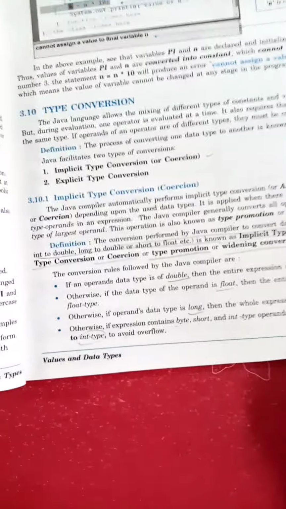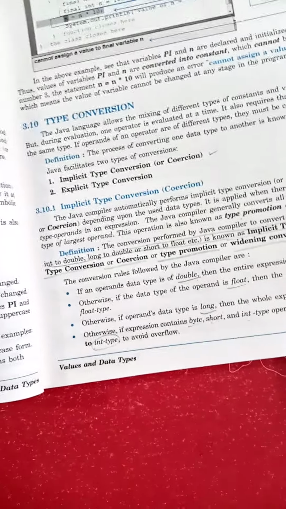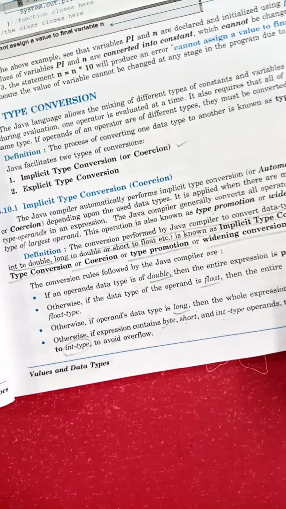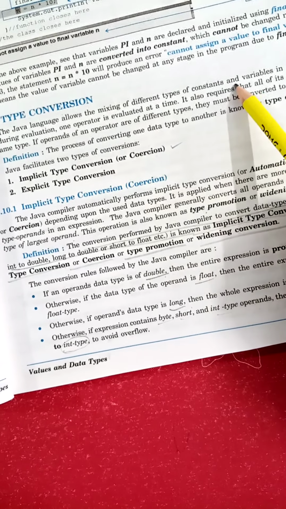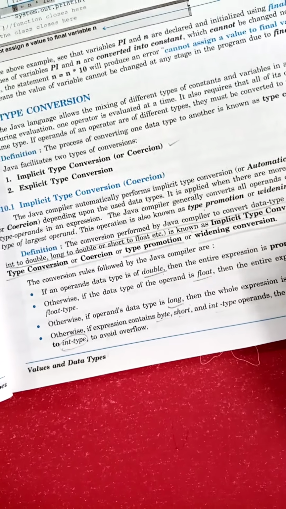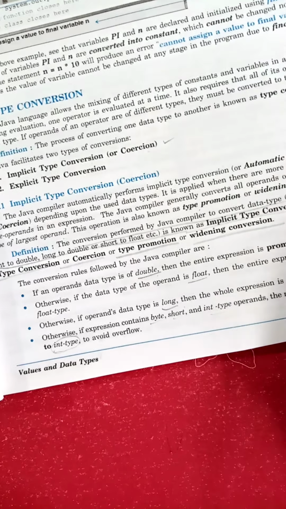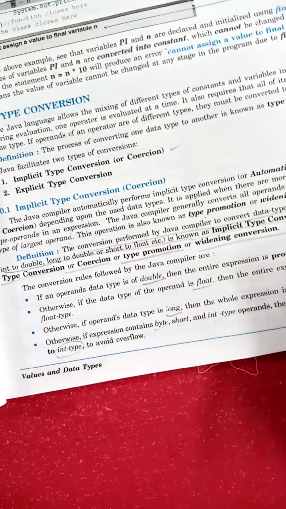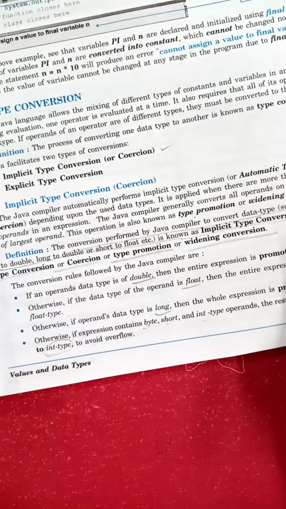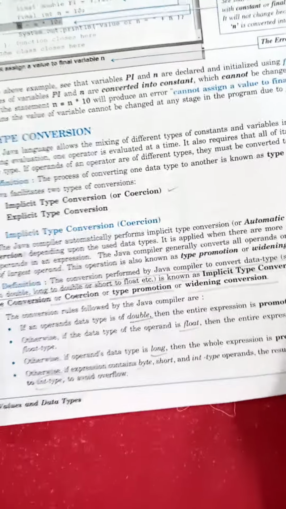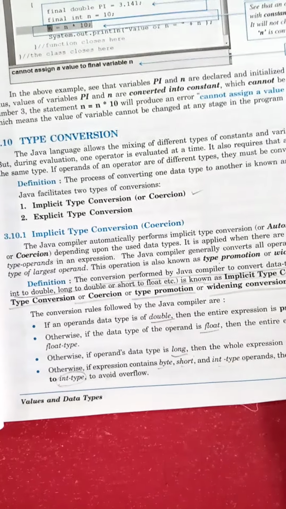Now come to type conversion. The Java language allows the mixing of different types of constants and variables in an expression. It means in an expression you can use different data types. An expression is a combination of operators and operands.